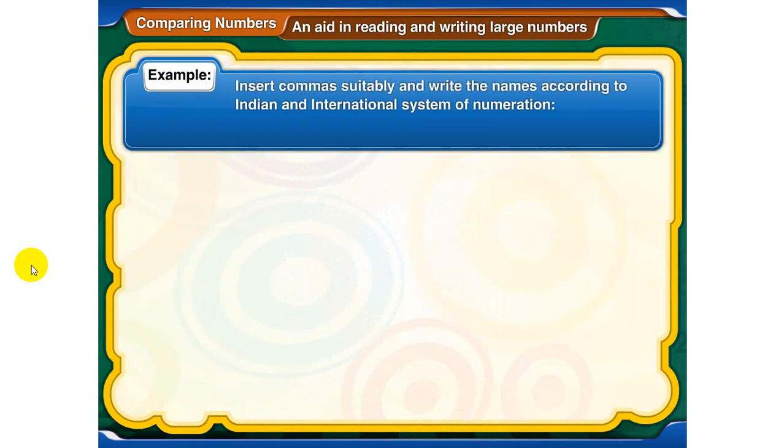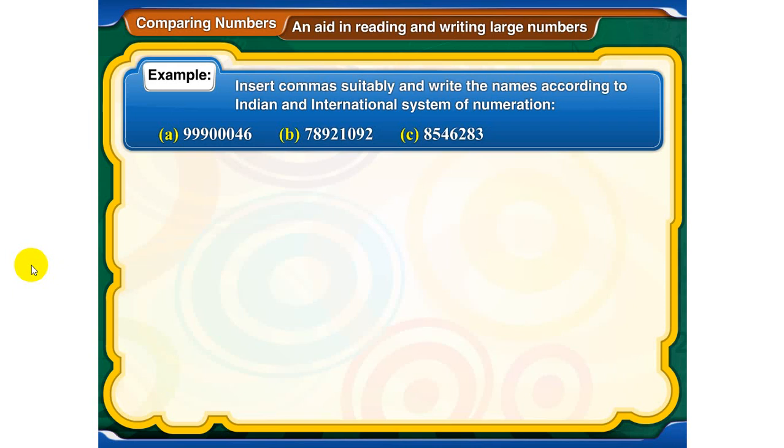Example: insert commas suitably and write the names according to Indian and international system of numeration. A. 9 crore 99 lakh 46. B. 7 crore 89 lakh 21,092.